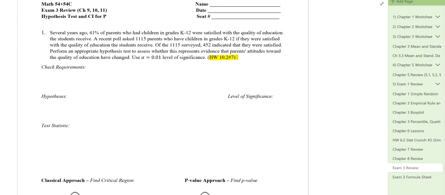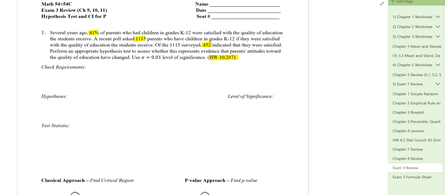Several years ago, 41% of parents who have children in K-12 were satisfied with the quality of education the students receive. A recent poll asked 1,115 parents who have children in K-12 if they're satisfied with the quality of education. Out of the 1,115, 452 of them say that they are happy with the quality of education.